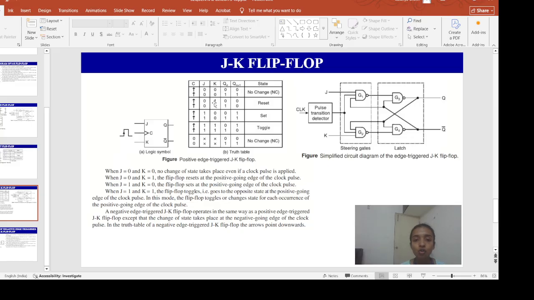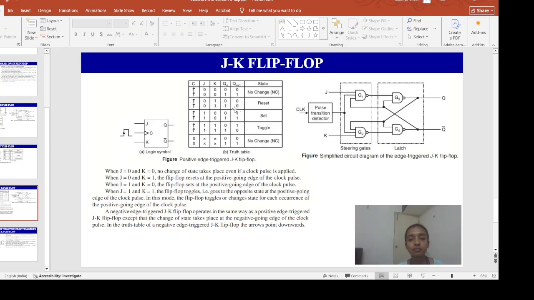When J is 0 and K is 1, the next state will follow the J state. In the SR flip-flop, it used to follow the S state. So in the JK flip-flop, the next state follows the J state. Here J is 0, so Qn plus 1 will be 0.